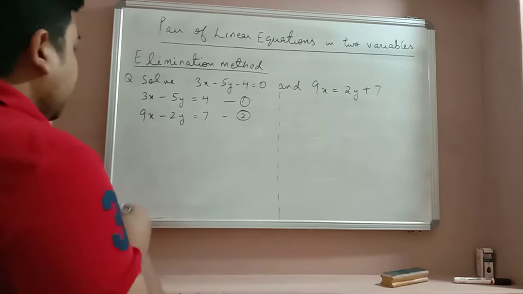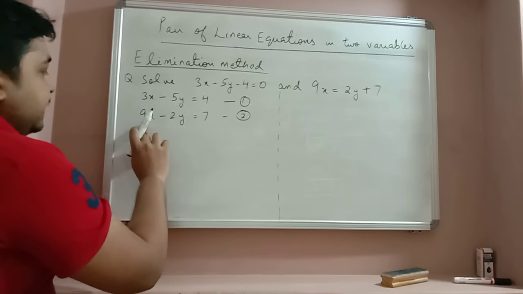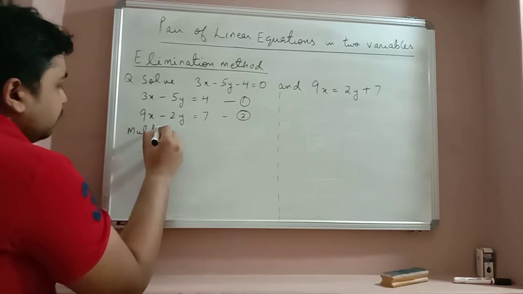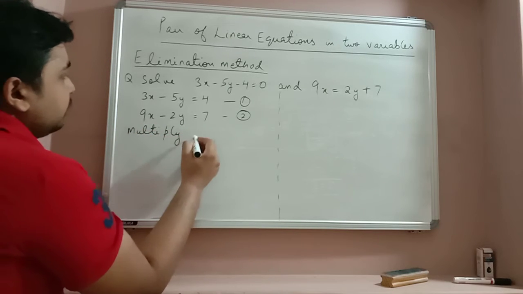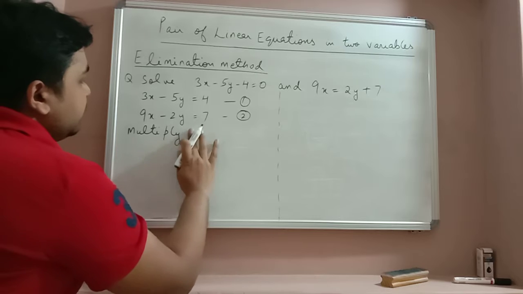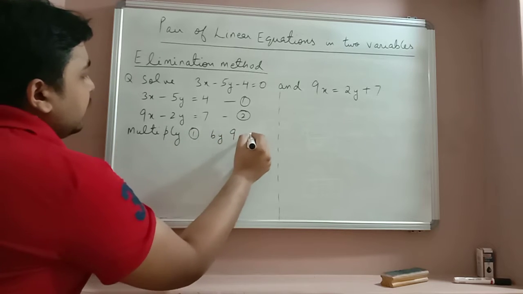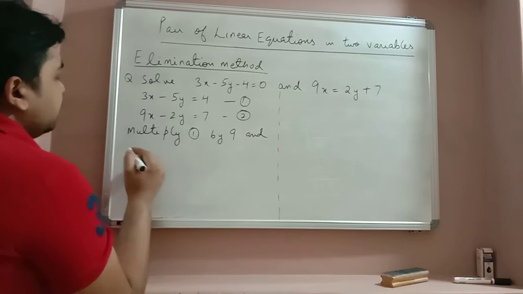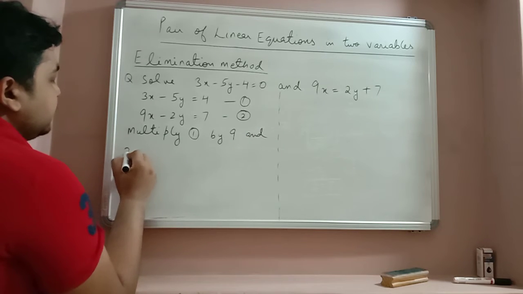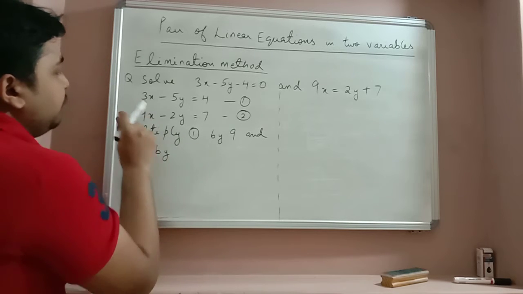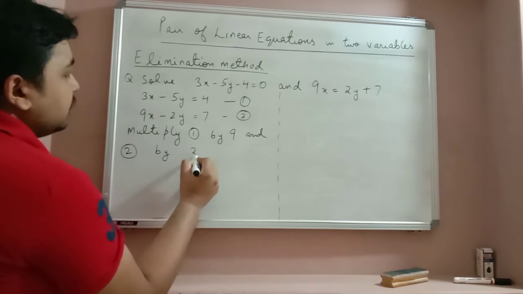Let's see. The coefficient of x in the second equation is 9, so I will multiply the first equation by 9, and I will multiply the second equation by 3, the coefficient of x in the first equation.